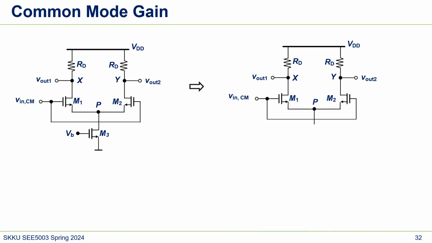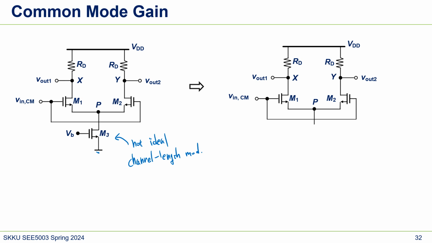But of course, that's not the case in real life, right? This is not ideal, because of channel length modulation. That means there is output resistance.